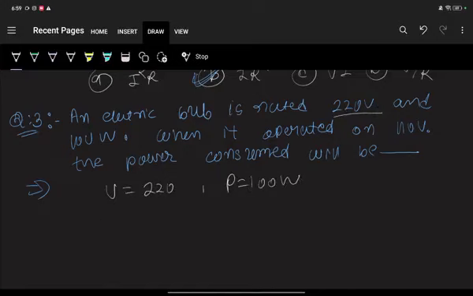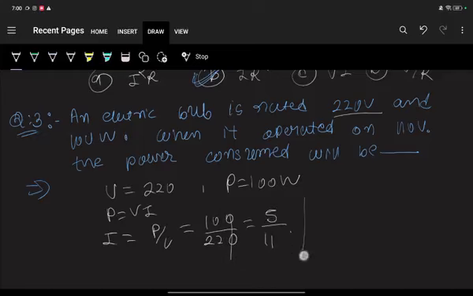Right? So P is equal to VI. Here we can find the current, which is 100 by 220, you can say 5 by 11. Now it says when it is operated on 110 volt, the power consumed will be. Power is VI. Current is 5 by 11 and voltage is 110. 110 divided by 11 is simply 10. So 50 watt will be the answer.